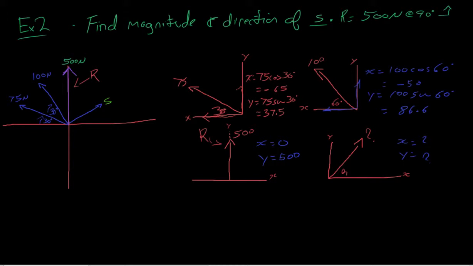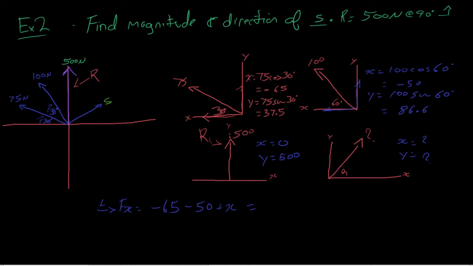So then let's add up all the x forces, and we're going to equal it to the resultant. So we're going to say that Fx is equal to minus 65 from the first one, minus 50. And for this one, well, we don't know, so we're going to say plus x equals the value of the component of the resultant.